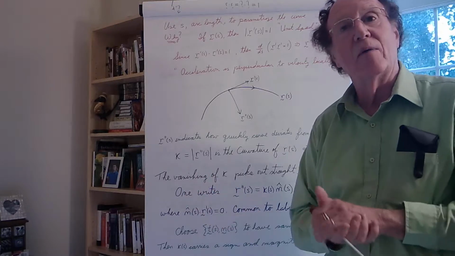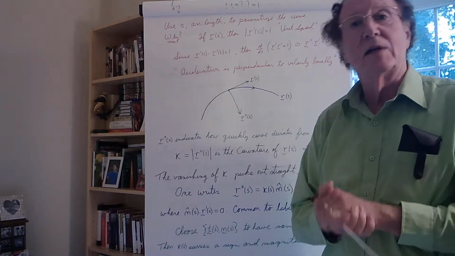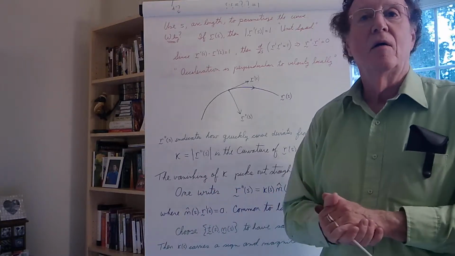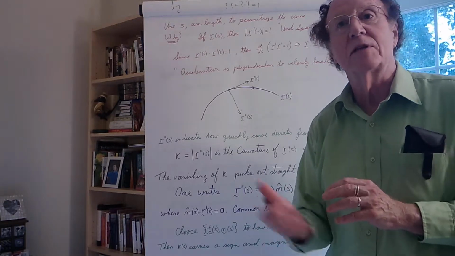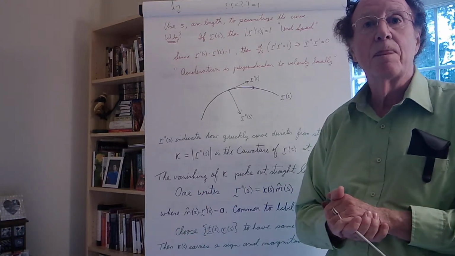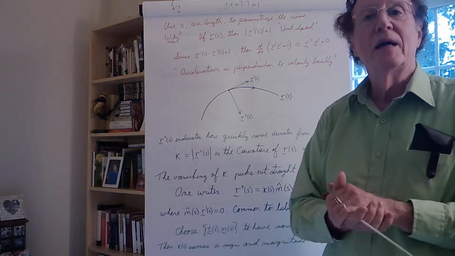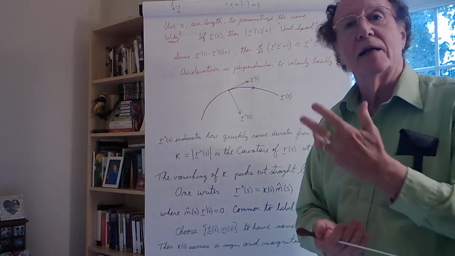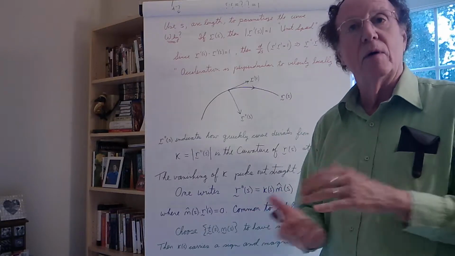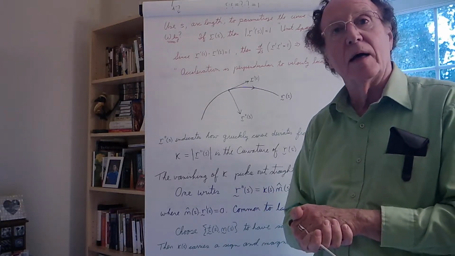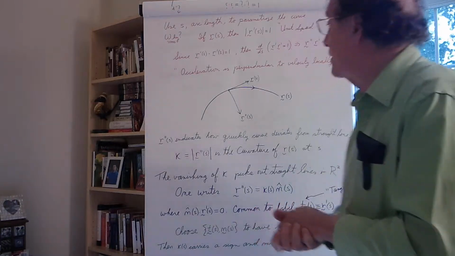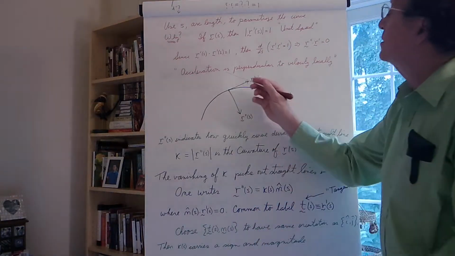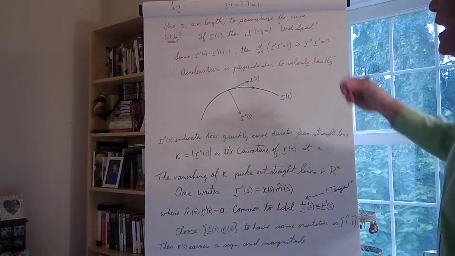We'll have a relationship that a vector dotted into itself is a constant, or a vector dotted into another vector is a constant, which might be 0. In which case we'll differentiate those expressions and find that something that looks like an acceleration dotted into a velocity is 0, and that will be important in our logical developments. So it's trivial, but keep it in mind.